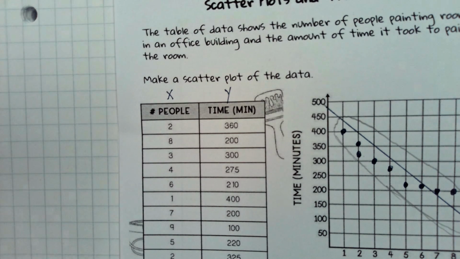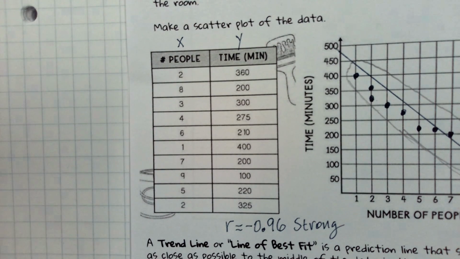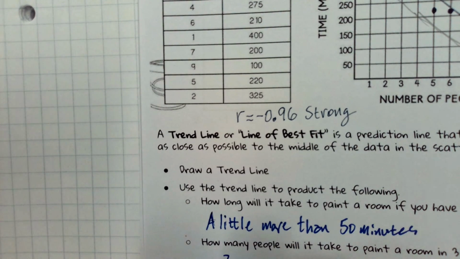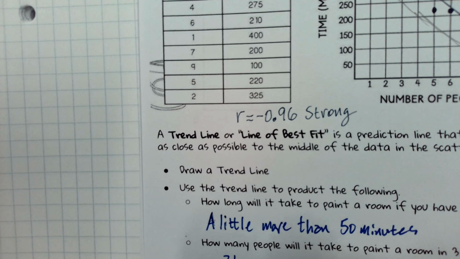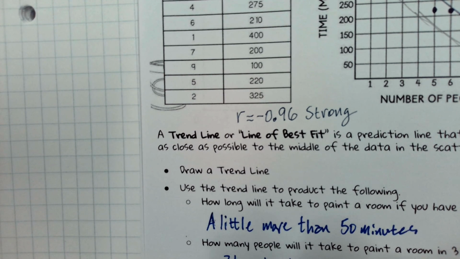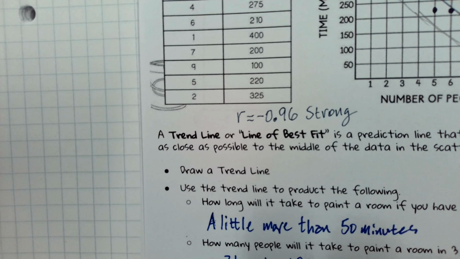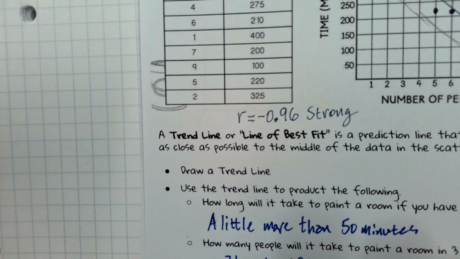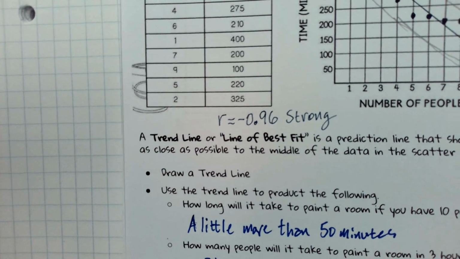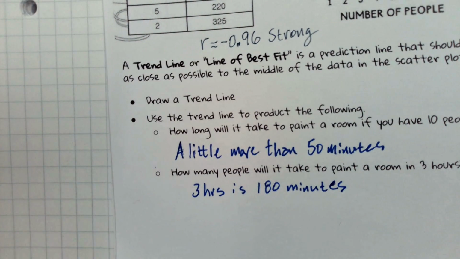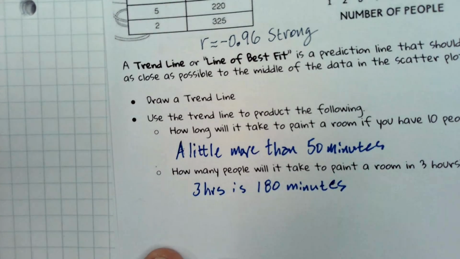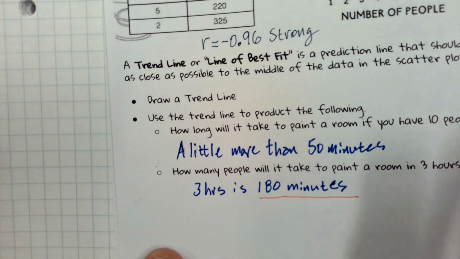So, how many minutes in 3 hours? 180. So that's probably the first thing we should point out. So we want to point out that it's 180 minutes.